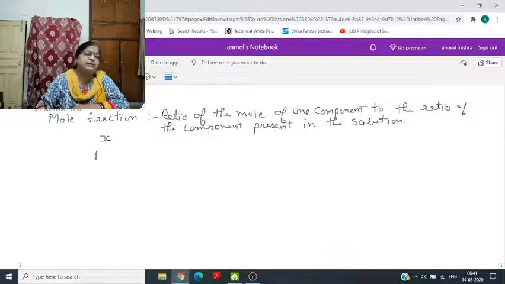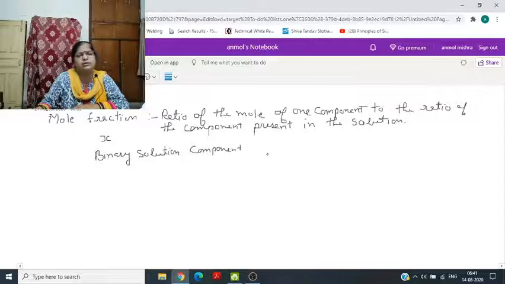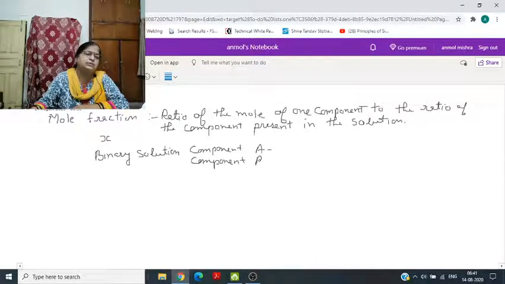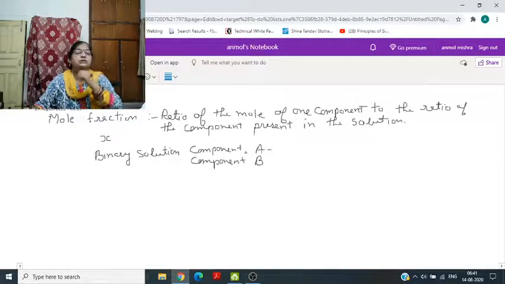Now in a binary solution, two components are present, that is component A and component B. The one in less amount is the solute and the one in more amount is the solvent.